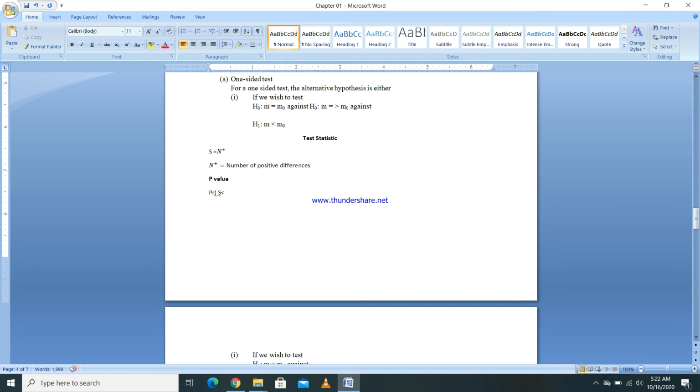So in this case, the probability where S is less than the checked value m naught and the probability where your test statistic is greater than the checked value m naught should be equal, and that should be equal to 0.5. So when you pick any value from your distribution, it is either less than or greater than your median value m naught.